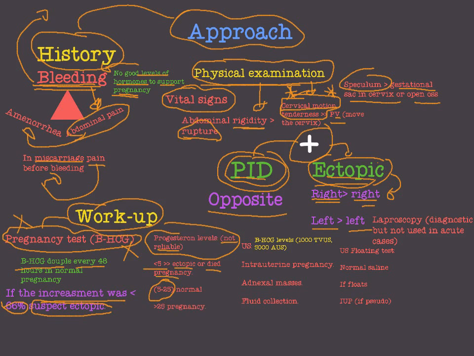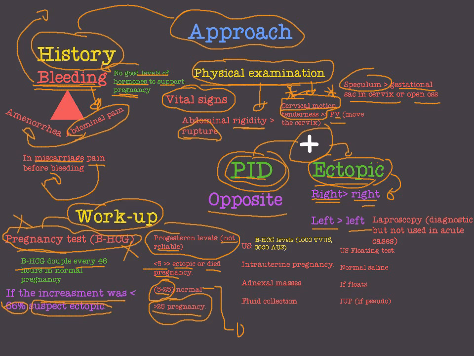If we have above 25 progesterone, then we suspect a normal pregnancy. Between 5 and 25 is a case of neutrality, no ectopic nor normal pregnancy. So this is about progesterone level.